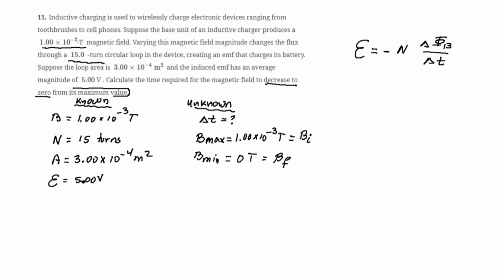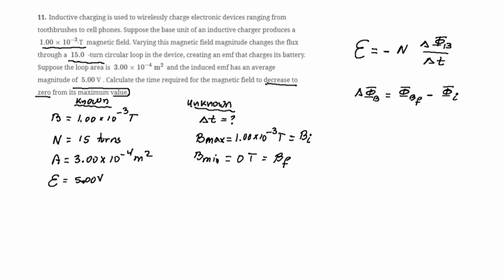Now, what is delta phi B? It is the variation of magnetic flux, the magnetic flux final minus the magnetic flux initial.